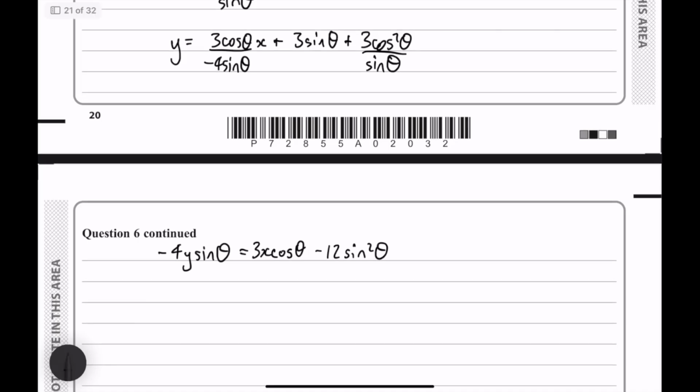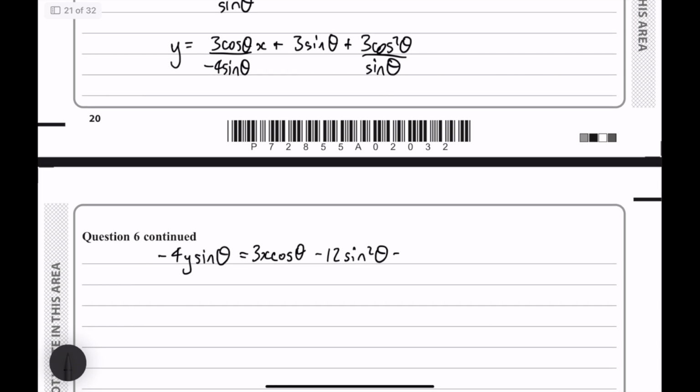So we get minus 4y sine theta on the left. This just becomes 3 cos theta x, or if I keep the same format, 3x cos theta. And then we get a minus 12 sine squared theta and a minus 12 cos squared theta.